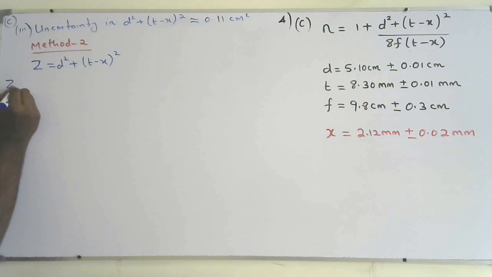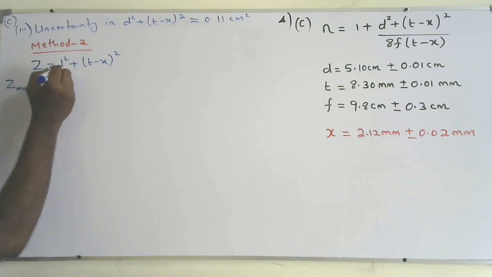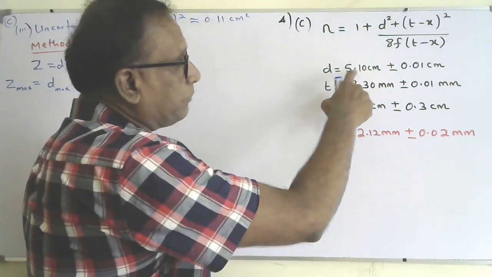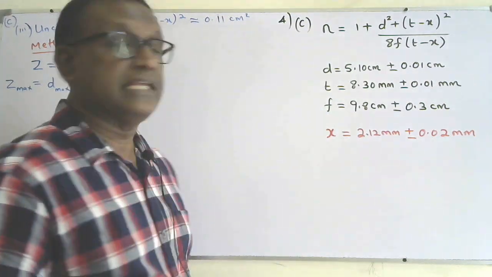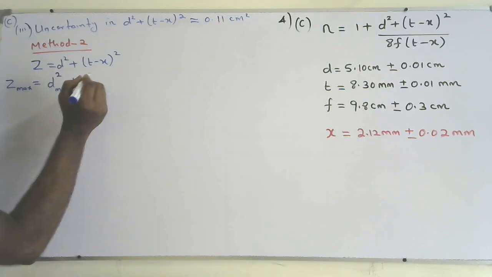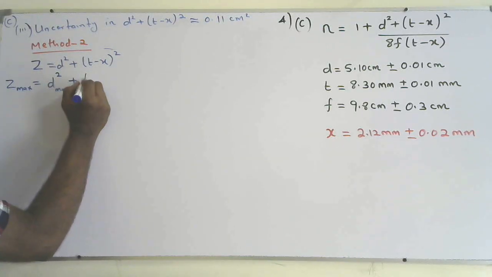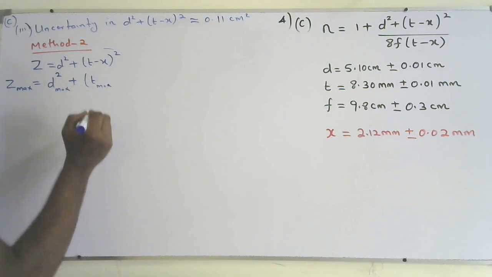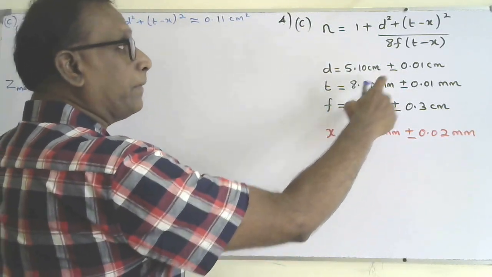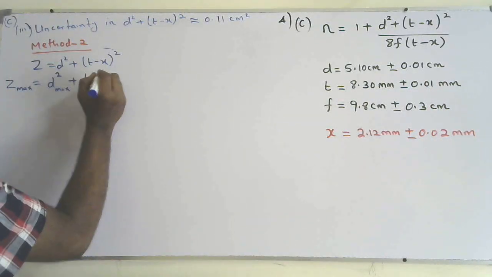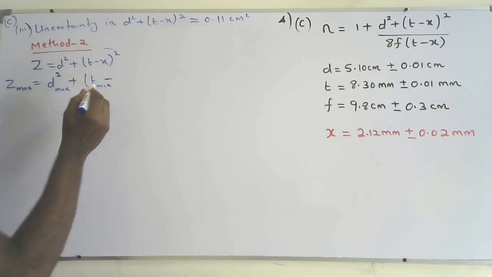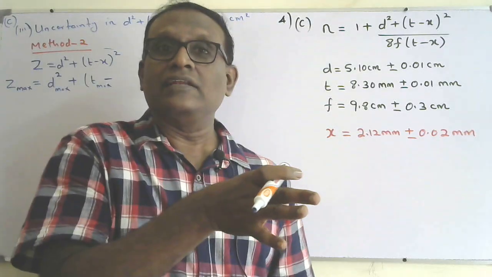So what is z max? I need to find the maximum value of z max, means d max, maximum value of d. How can I find the maximum value of d? 5.10 plus 0.01 will give the maximum value of d. So d max squared plus, I need to find the maximum value of this one, means t max. T max is 8.30 millimeter, convert to meter, 0.830 plus 0.01, is it? T max minus, I need to get the maximum value which is inside the bracket, means x will be the minimum.